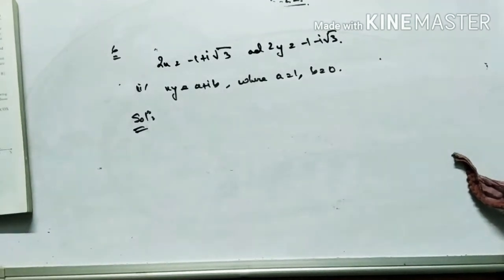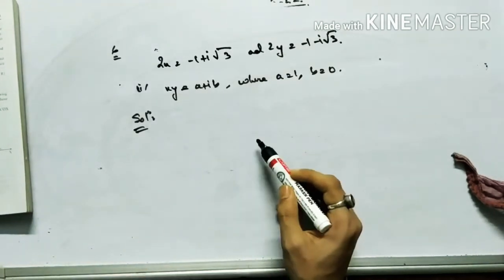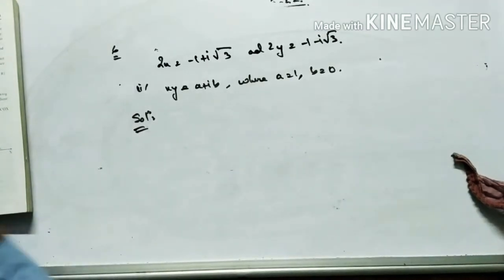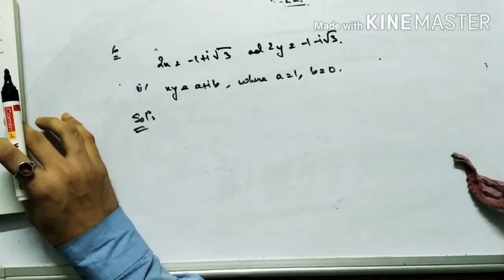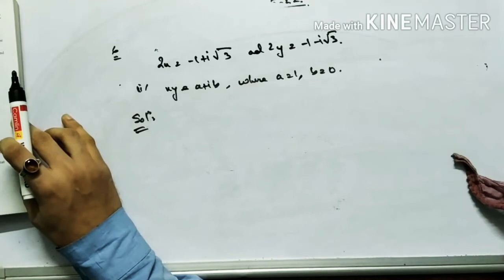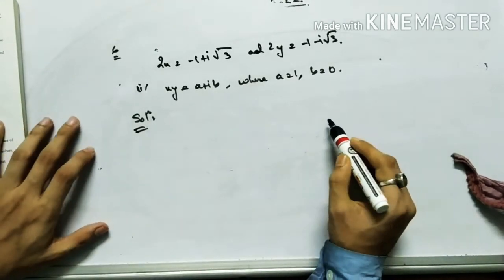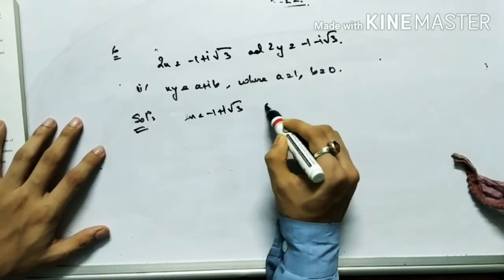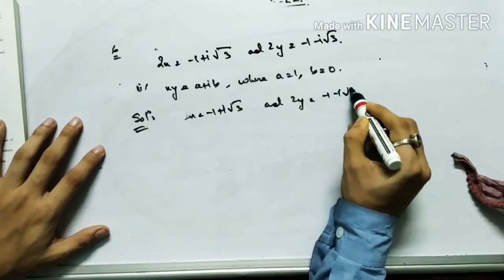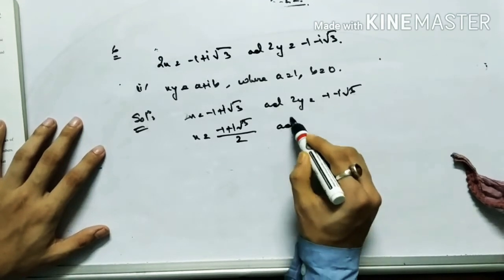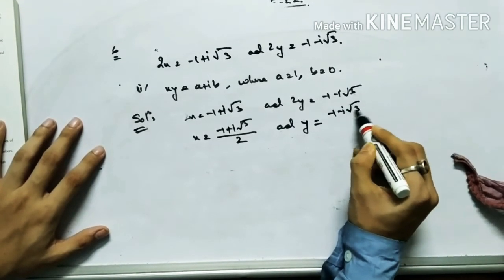Here, x and y are given. So 2x is equal to minus 1 plus i root 3 and 2y is equal to minus 1 minus i root 3. Therefore x is equal to (minus 1 plus i root 3) by 2 and y is equal to (minus 1 minus i root 3) by 2.